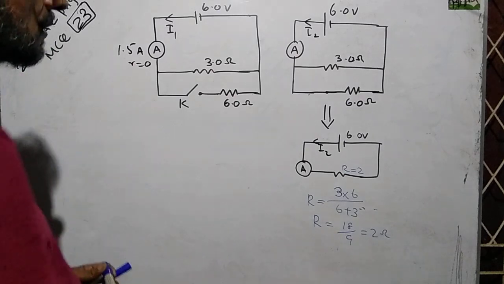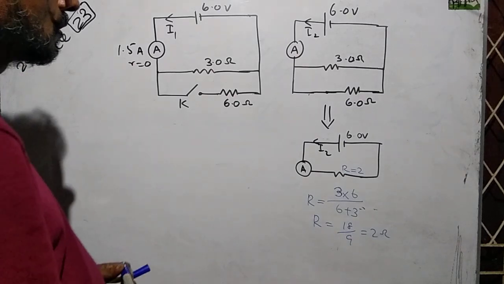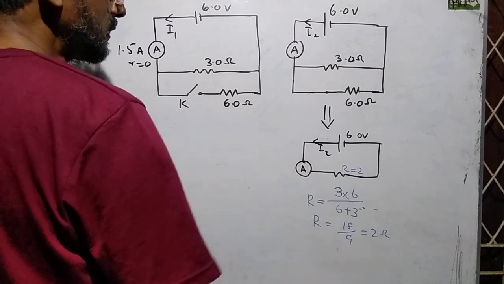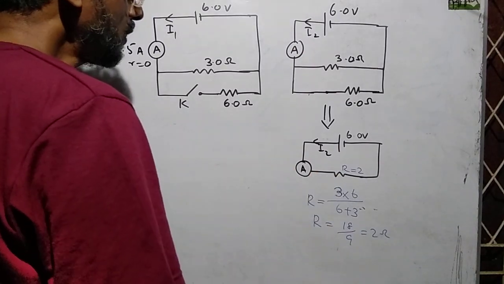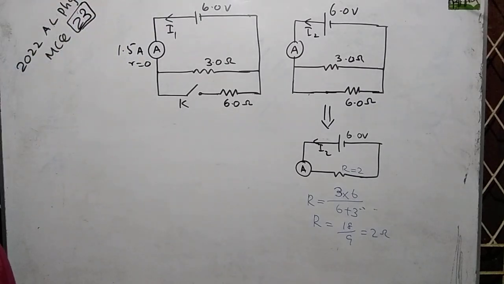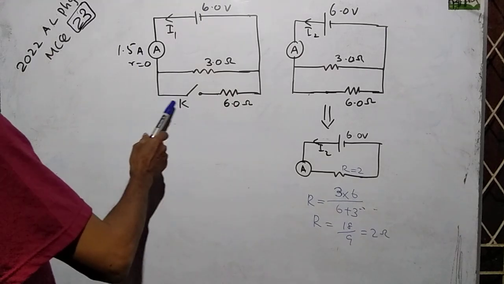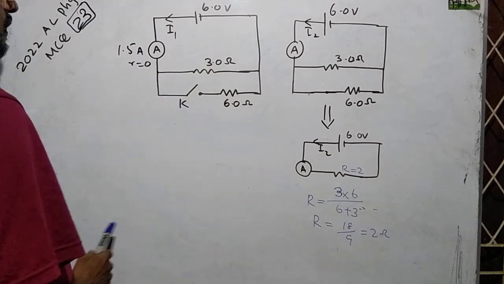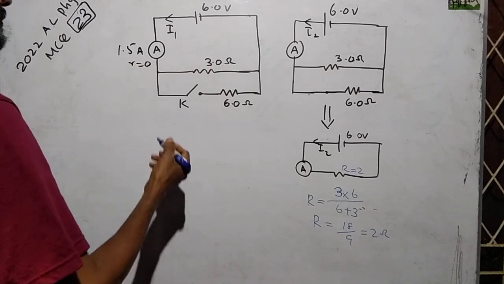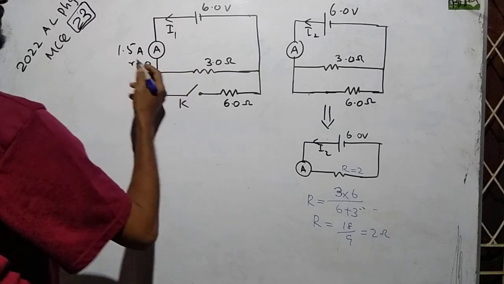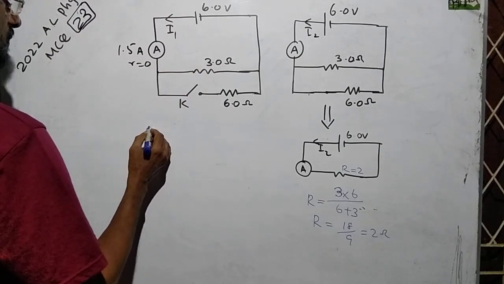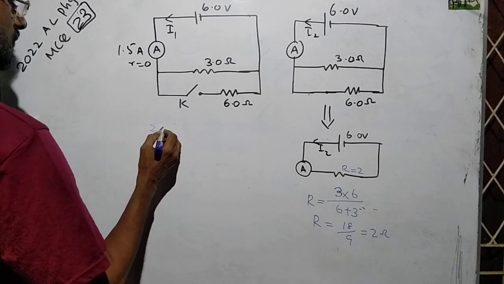But the problem is, now we can calculate, but we have to consider the given hints. According to the first case, we can calculate I1 using the other details. I can apply sigma E equals sigma IR.